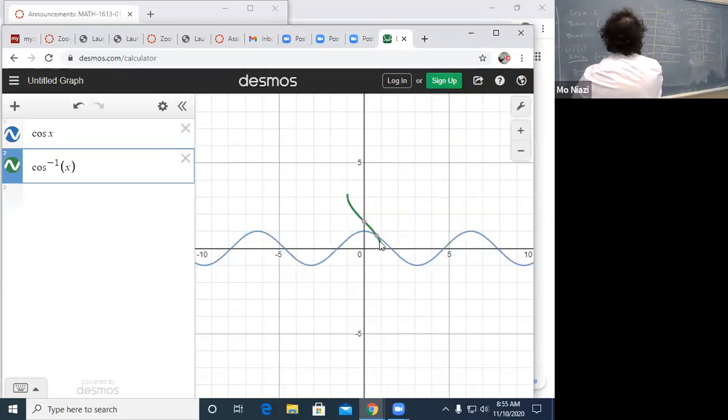So let's see here. Here's our cosine inverse. We'll let this stay. And we're just going to continue the table. Continuing the table on here. Here's theta.